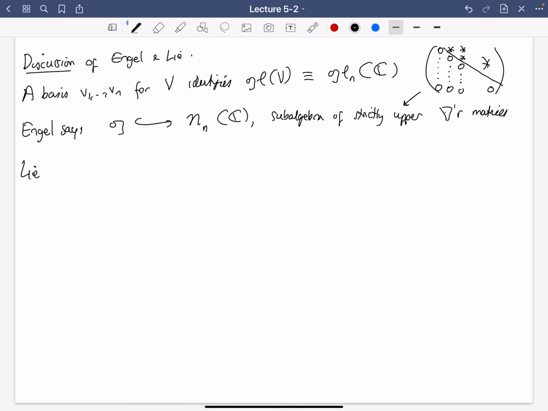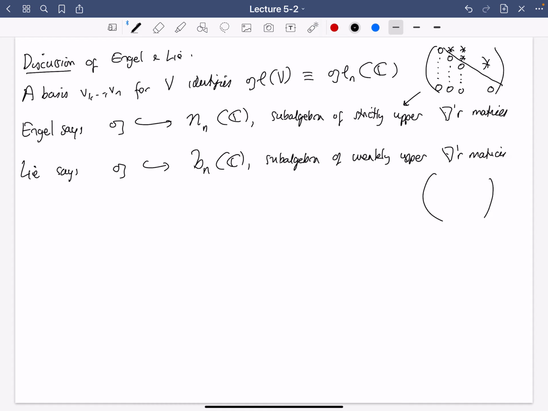And Lie's theorem says that G embeds not into N but into B_n(C), the subalgebra of weakly upper triangular matrices. So matrices now where you can have stuff on the diagonal. Okay, so anything strictly below the diagonal is 0, but stuff above the diagonal is allowed. That's B_n(C).